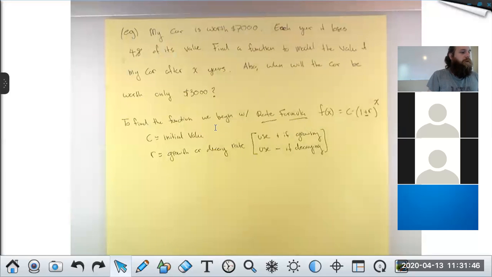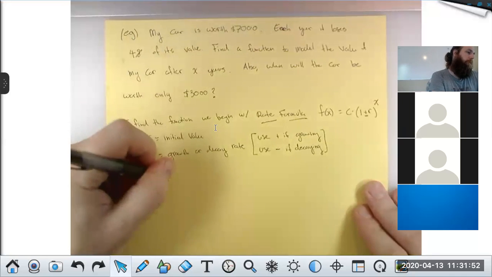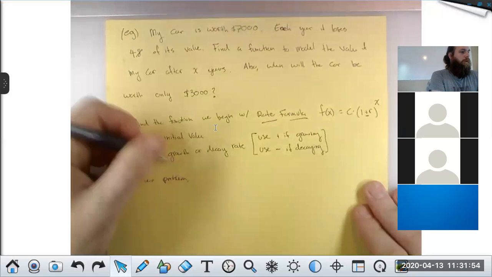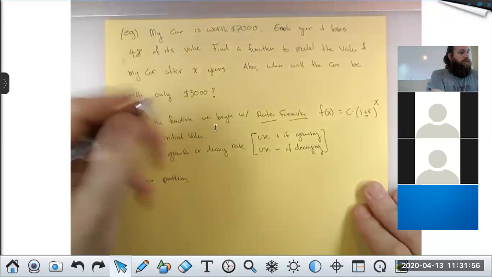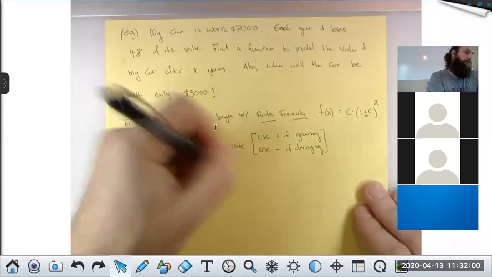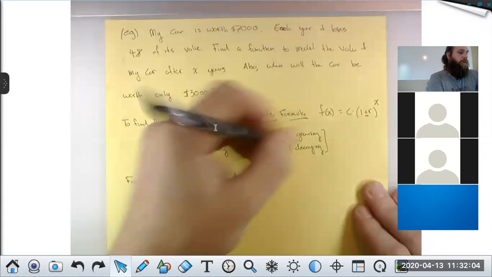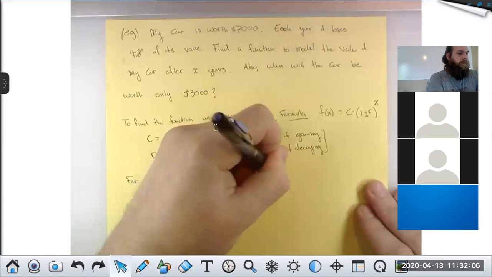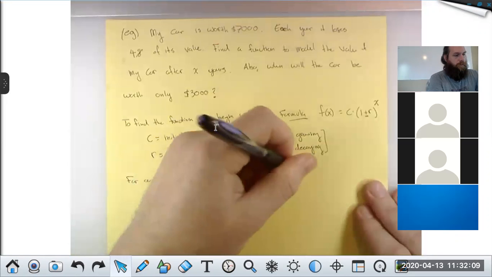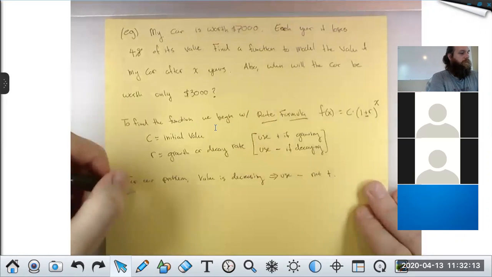I have the information I need to plug into this formula. So for our problem, the value is decreasing. So we're going to use the minus, not the plus.